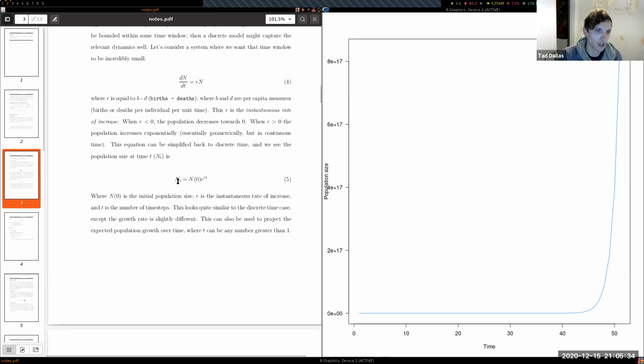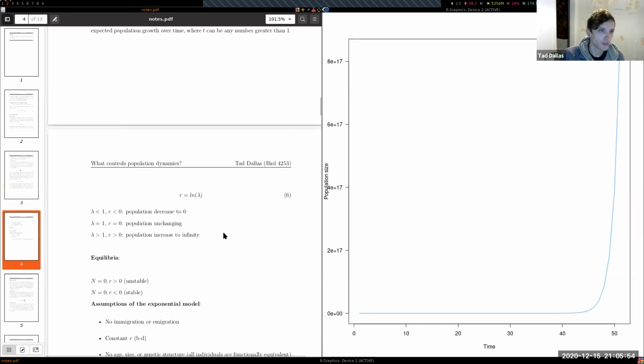And so this is a way to predict population size at any given t, given the initial population size, the little r, and the value of t. So if you want time step 10, t equals 10. It's useful.